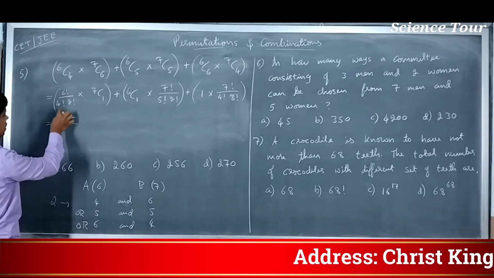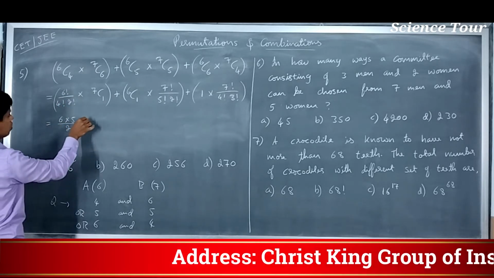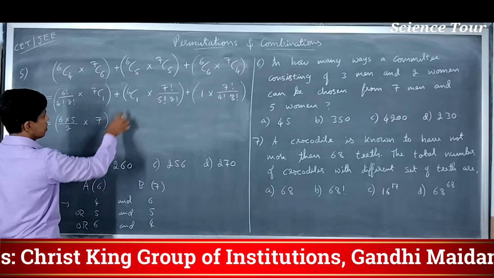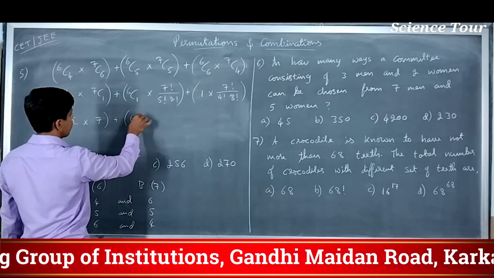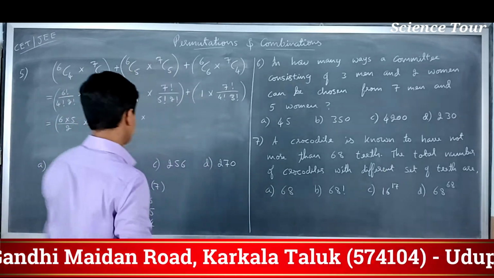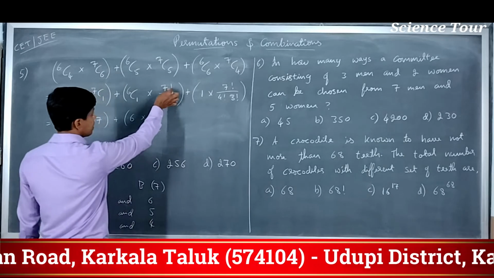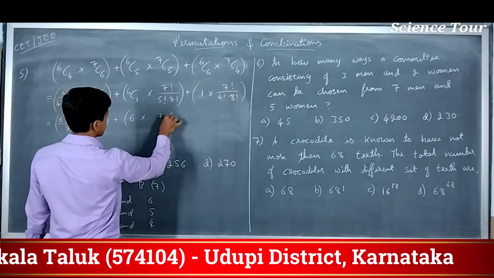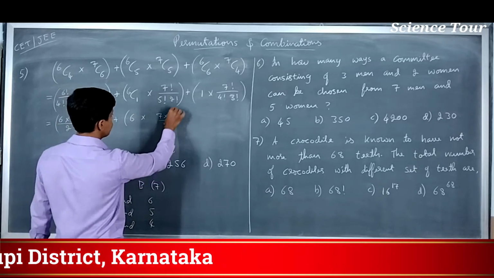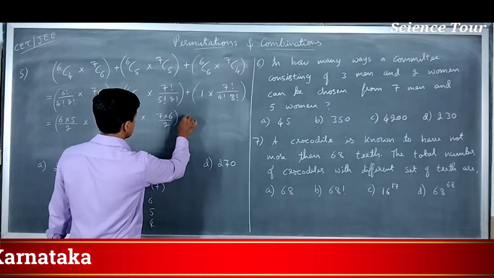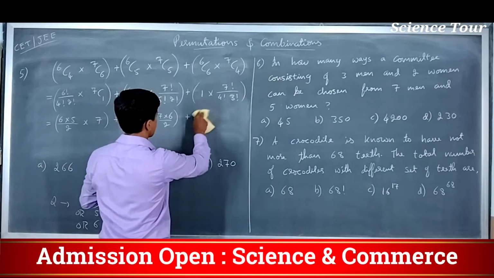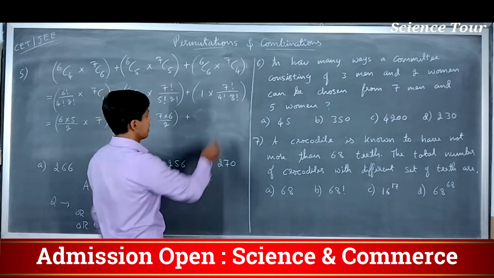So 4 factorial gets cancelled, and 2 into 7C1 is 7, plus 6C1 is 6, nC1 is n, and here 7 into 6 and 5 factorial cancels, divided by 2, plus 1 into, since it is 1, you don't have to write it.